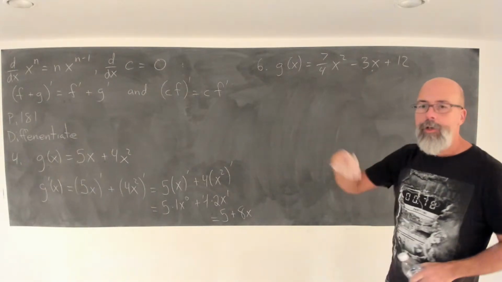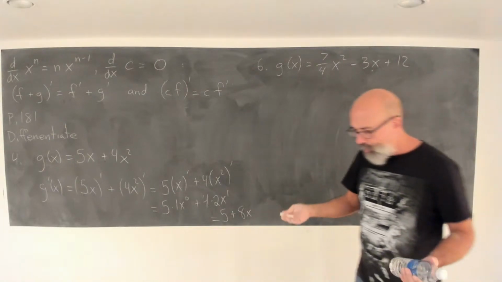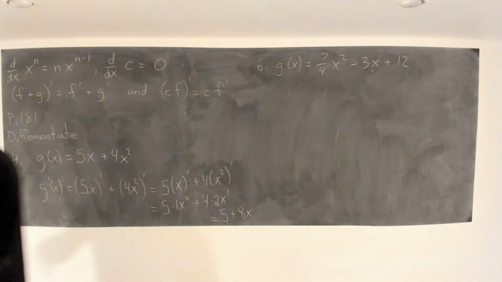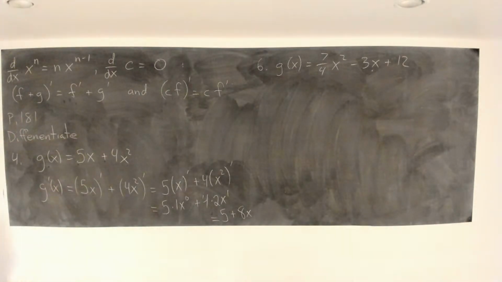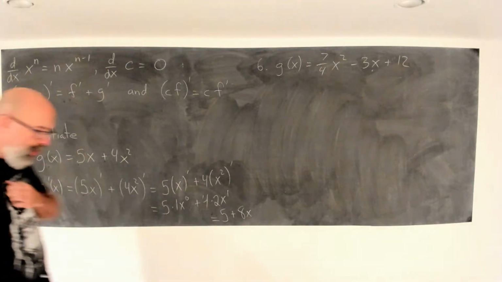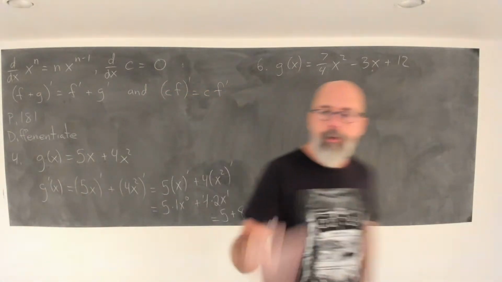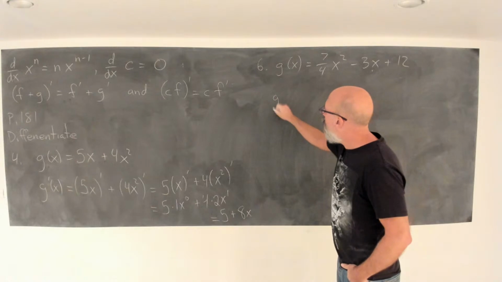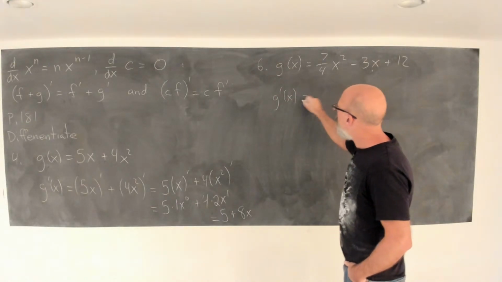But of course, as with limits and everything else we've done, as soon as we've understood, we're going to stop justifying everything and just get through these quickly. In fact, I'm going to even do that now.